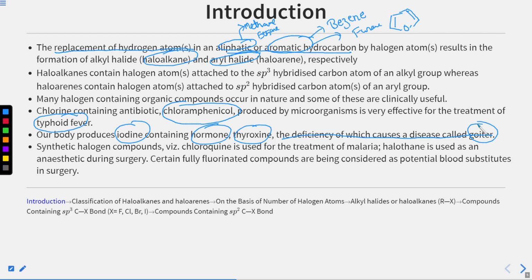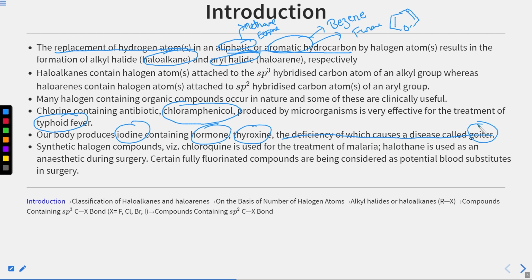So it basically happens due to deficiency of iodine. Our body produces an iodine containing hormone, thyroxine, and this helps as a remedy for goiter.